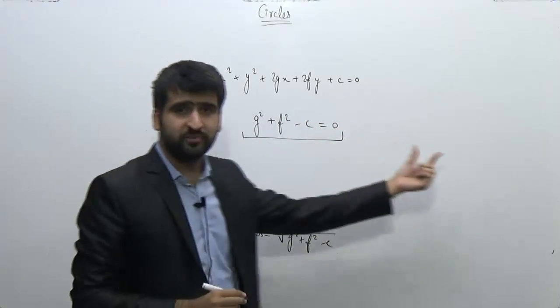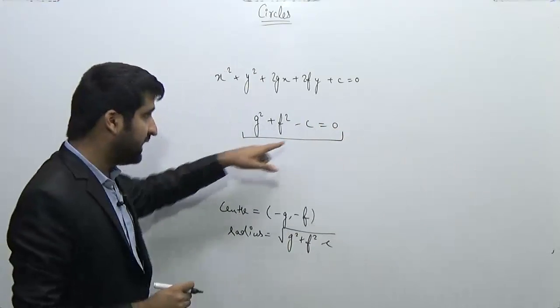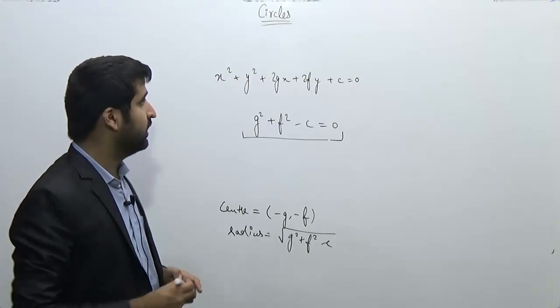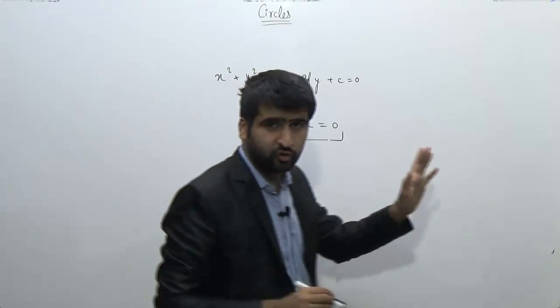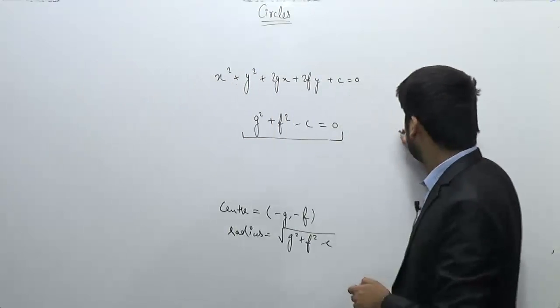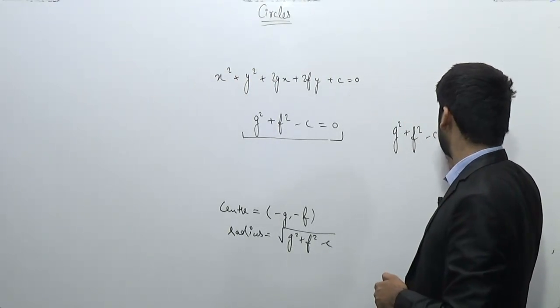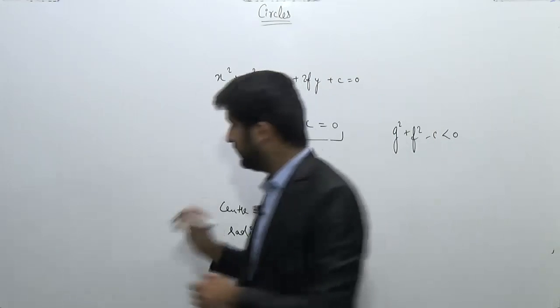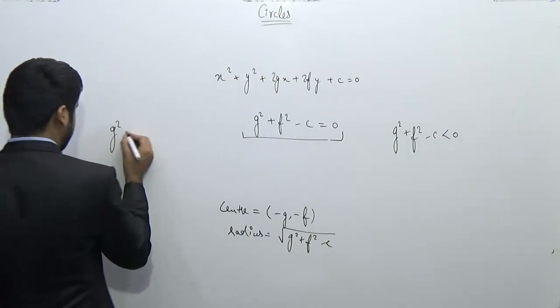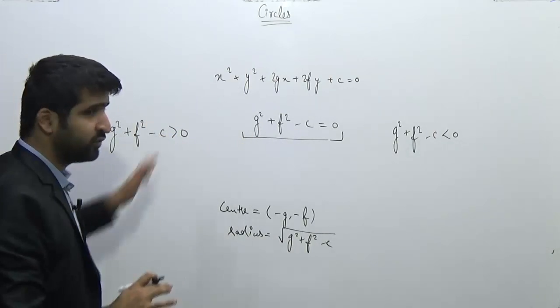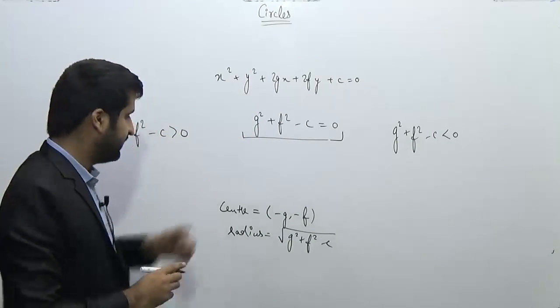Now if this comes out to be 0, we know that the radius of this circle will be equal to 0. And the second condition can be that g square plus f square minus c is negative. The basic condition is g square plus f square minus c is greater than 0. So these are the three cases which we can have here.